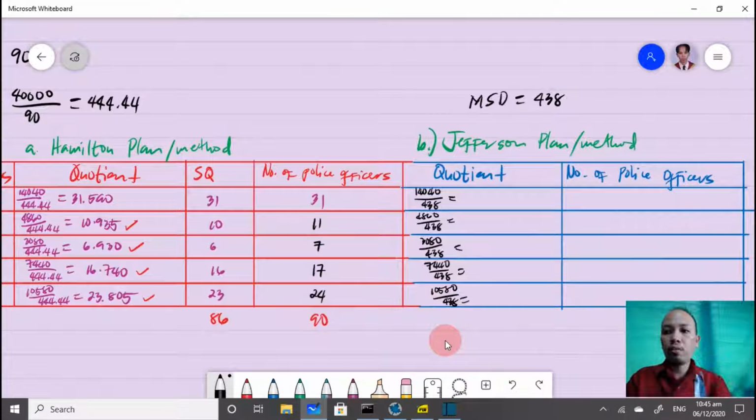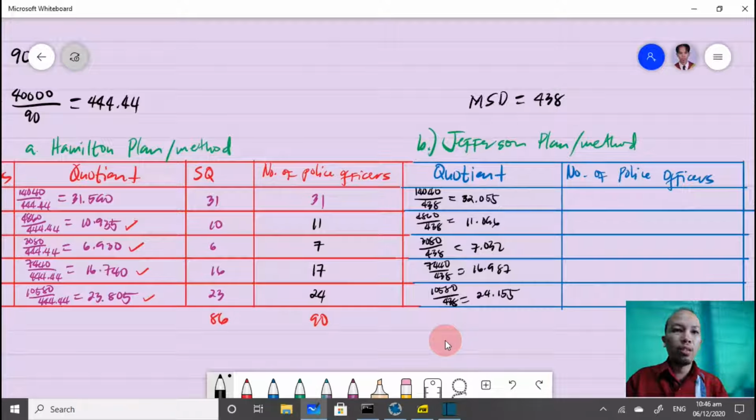The resulting values, rounded off to 3 decimal places, are 32.055, 11.096, 7.032, 16.987, and the last one is 24.155.